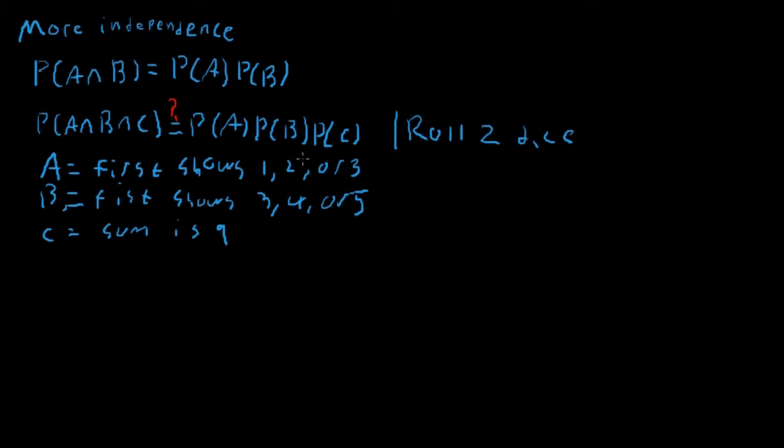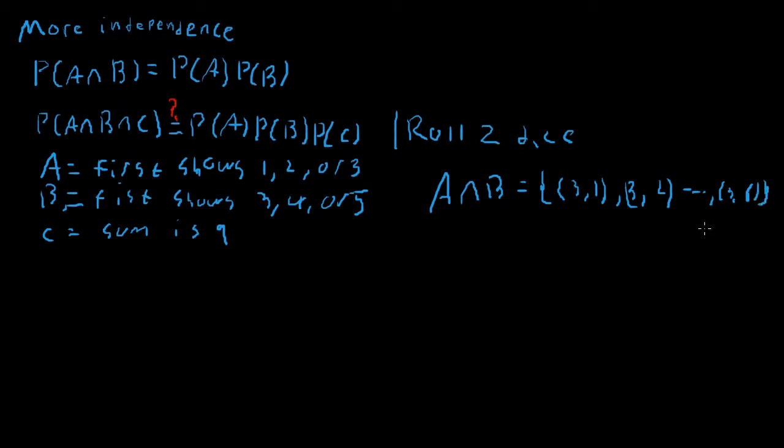However, let's look at the intersection and let's look at the product. Well, the intersection: the first die shows a 1, 2, or 3, and the first shows a 3, 4, or 5. So A intersection B is equal to anything where the first die is a 3. So it's 3,1; 3,2; all the way up to 3,6.